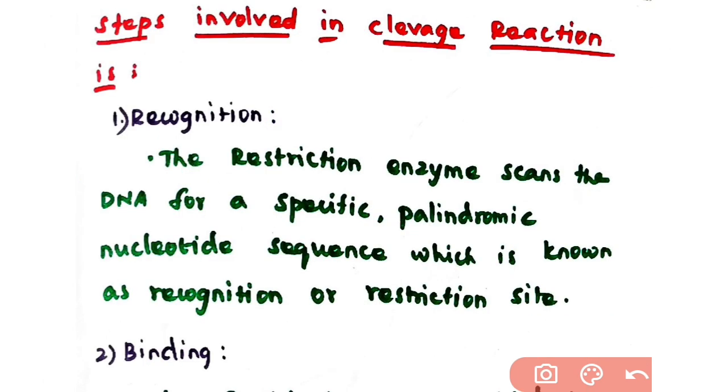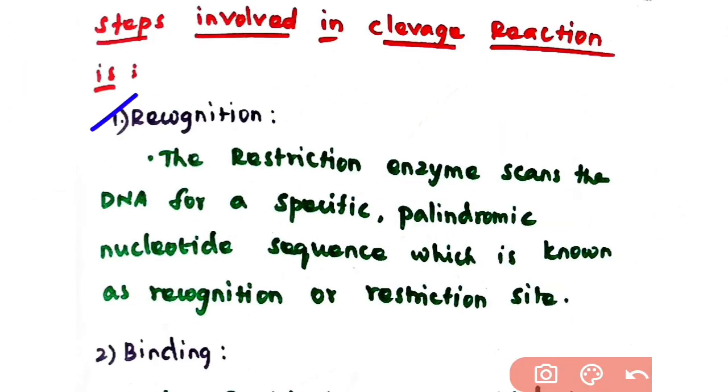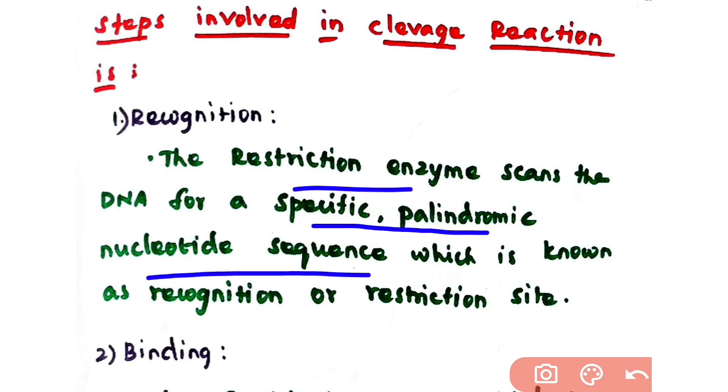Next, let's see how a restriction enzyme cuts DNA at its recognition site. There are three steps involved in this process. The first one is recognition, the second one is binding, and the third one is the cleavage process. In the recognition step, the restriction enzyme scans the whole DNA for its recognition or restriction site, that is, a specific palindromic nucleotide sequence.